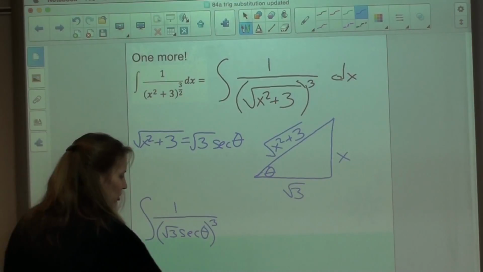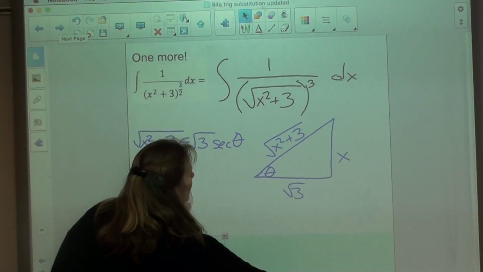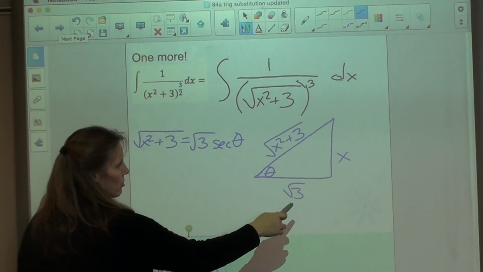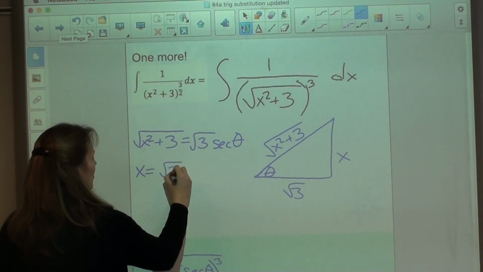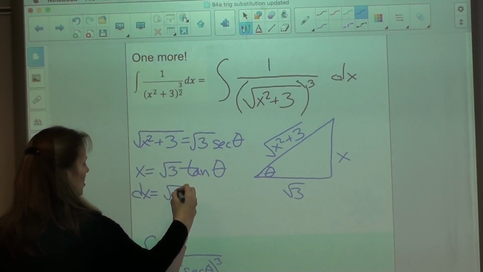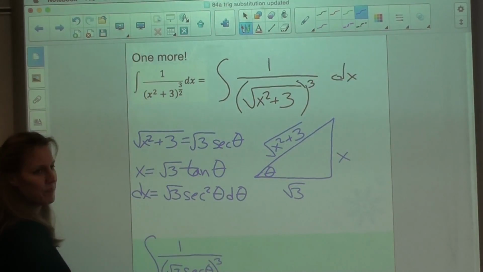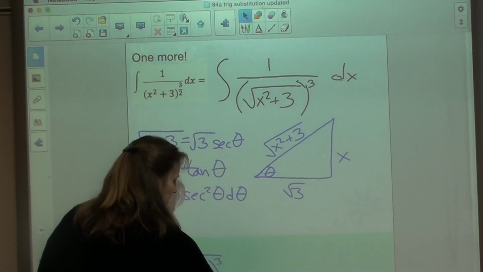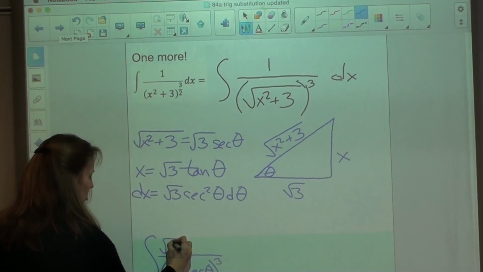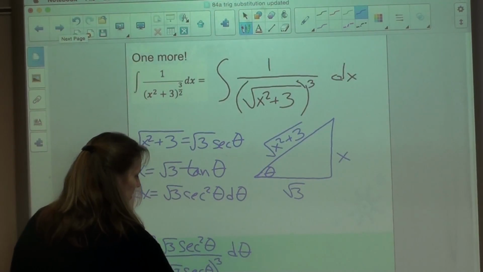We need another function that will be just in terms of x, so I would use tangent. Tan theta is x over root 3, so x equals root 3 tan theta. So my dx is root 3 secant squared theta d theta. And now I've got a nice full integral because I can replace my dx with root 3 secant squared theta d theta.